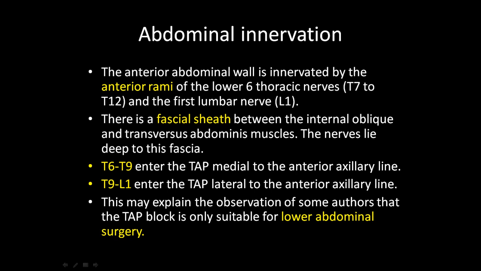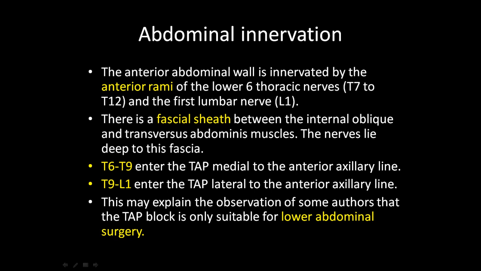What can also be noticed is that there is a fascial sheath between the external oblique and the internal oblique, and the internal oblique and the transversus abdominis muscle, and it is the latter fascial sheath where the nerves tread.